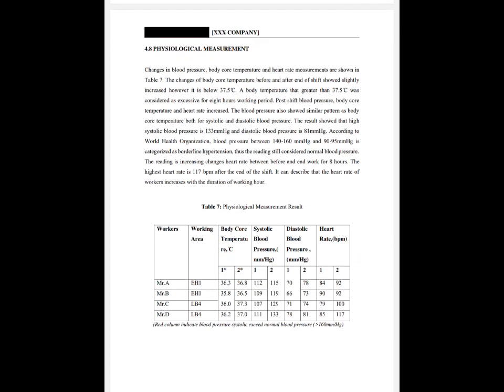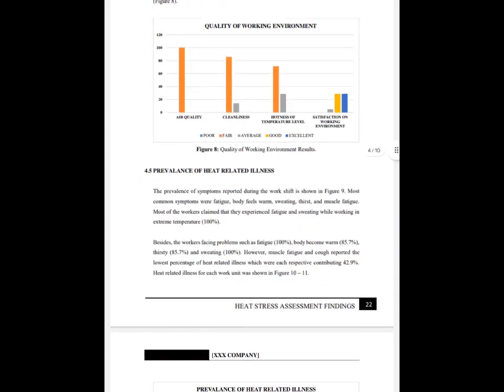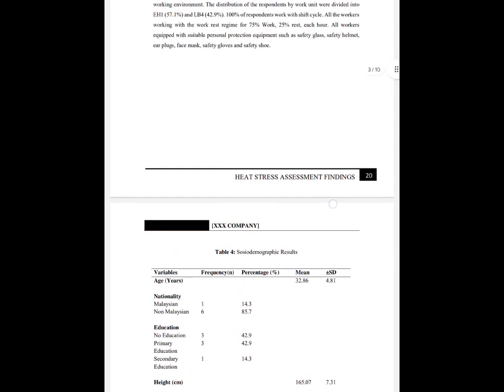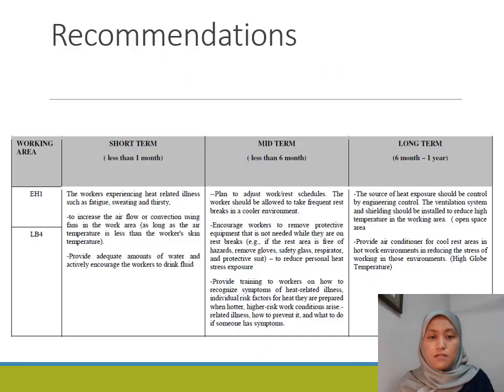So basically this is the finding that is tabulated in the elements of findings. For the recommendation part, for both the EH1 and LB4 areas, the recommendations are divided into short-term, mid-term, and long-term.